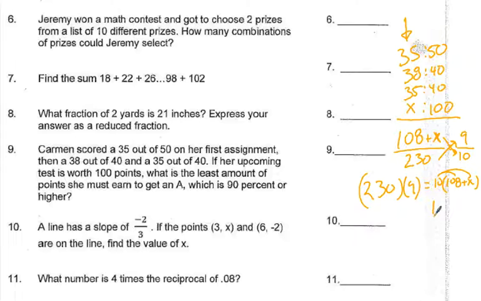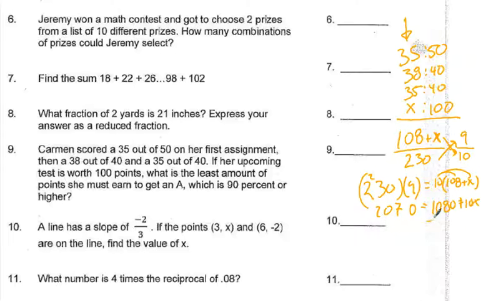Distribute. So I get 1,080 plus 10x is equal to 0, that's 27, carry the 2, that's 18, plus 2 is 20.